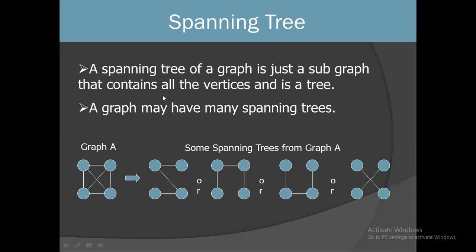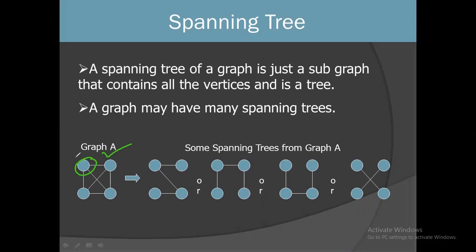Here you can see one example. This is the graph. There are a number of vertices and edges interconnected with each other, forming loops. But coming to spanning tree, there are a number of possibilities for generating spanning trees from one graph.